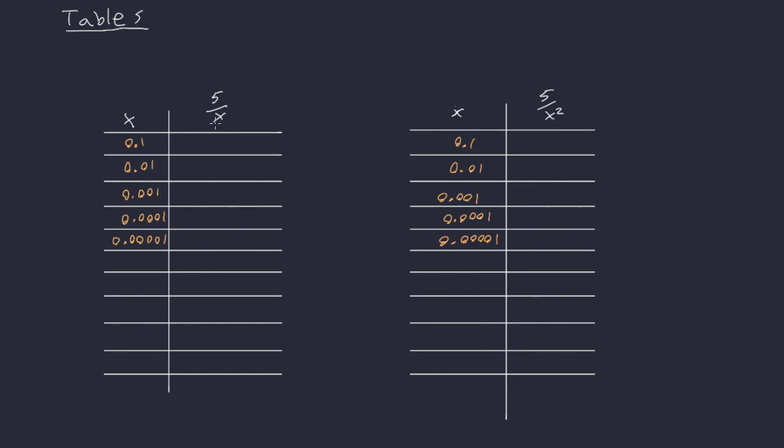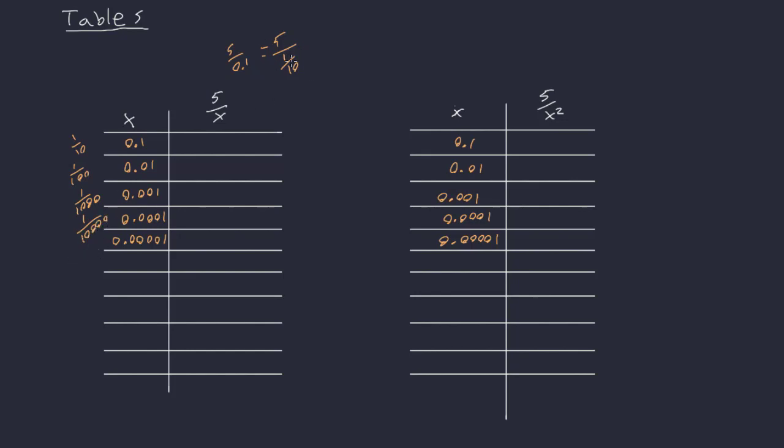Okay, so when we plug in 0.1, just to show you sort of what's going on, 5 over 0.1, well, 0.1 is 1/10. Okay, in fact, we could have done 1/10, 1 over 100, 1 over 1,000, 1 over 10,000, etc.